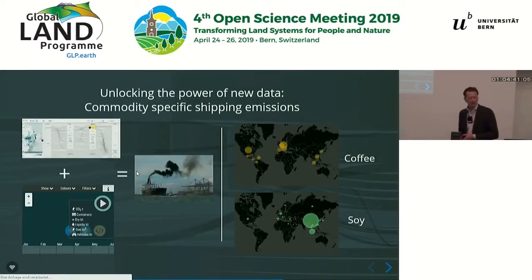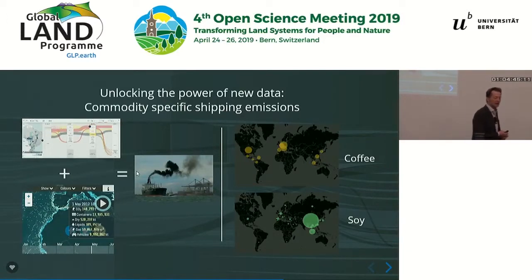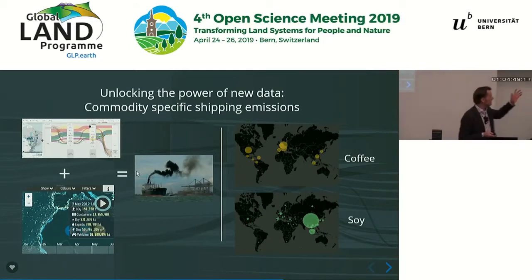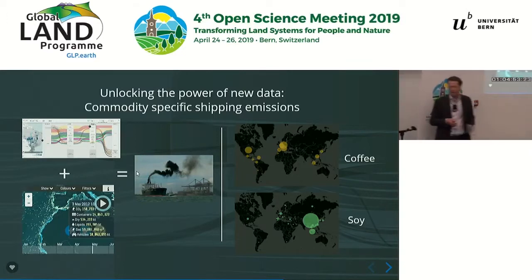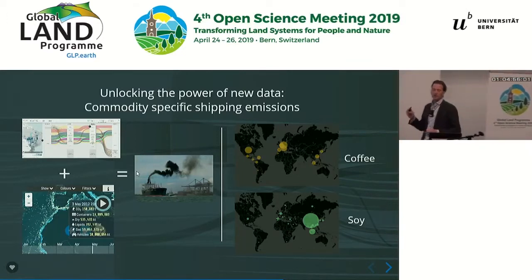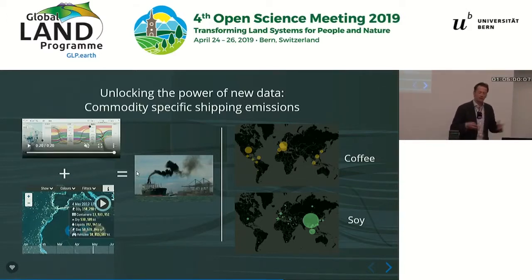Just one of those examples is an extra piece of research that my colleague and co-founder of Trace, Javier, has developed, which is linking Trace data together with the AIS data that I mentioned at the beginning to provide the first estimates of shipment-specific GHG emissions of exports of commodities.